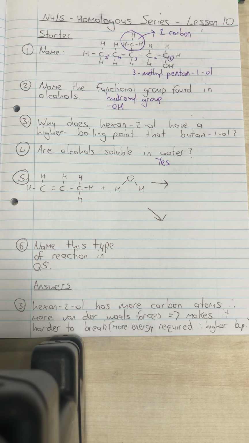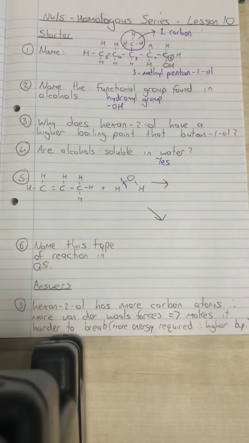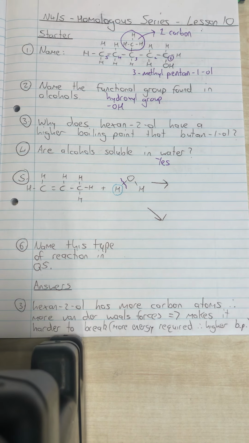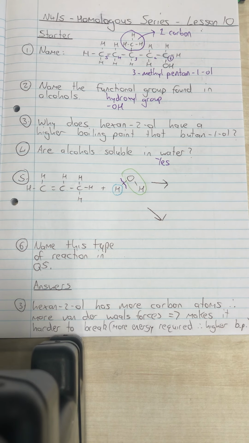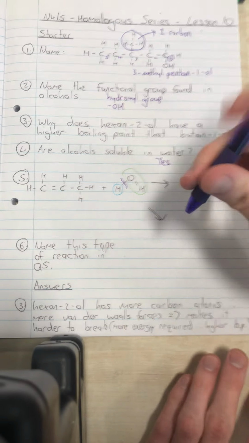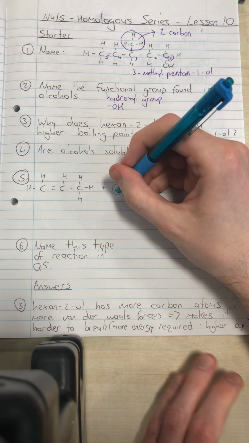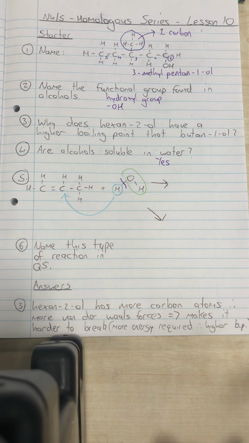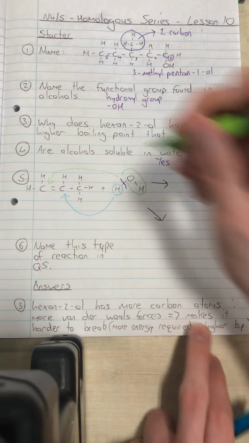Question 5, we add this over. Now remember, grab another pen, the water splits down here, and we have a H, and we have the OH. Okay, now that H will add to that one, and the OH can add to that carbon.